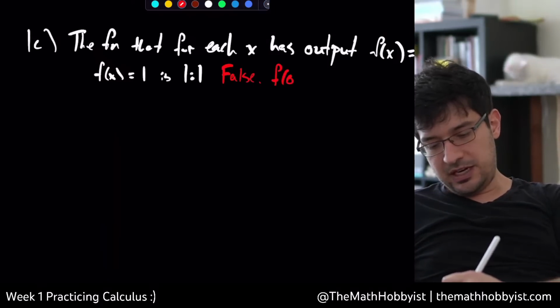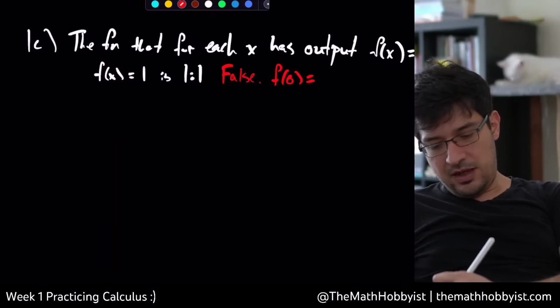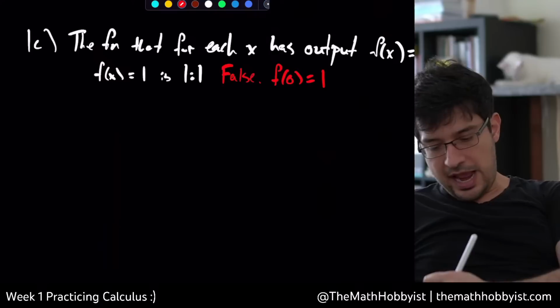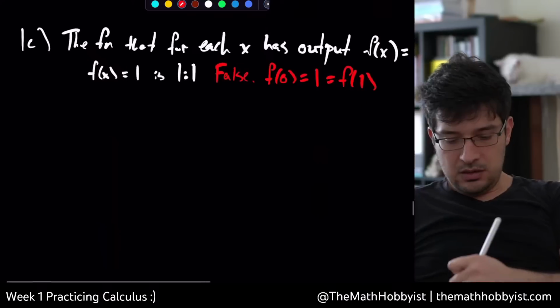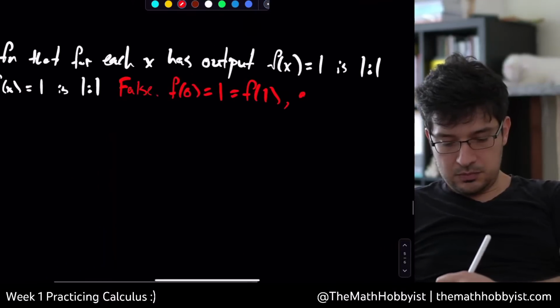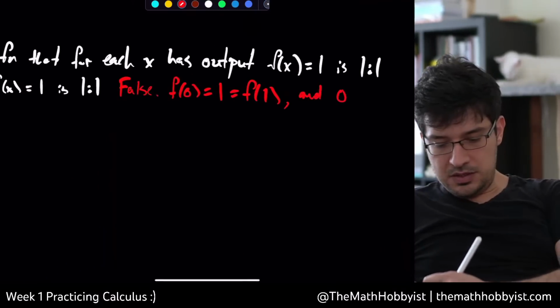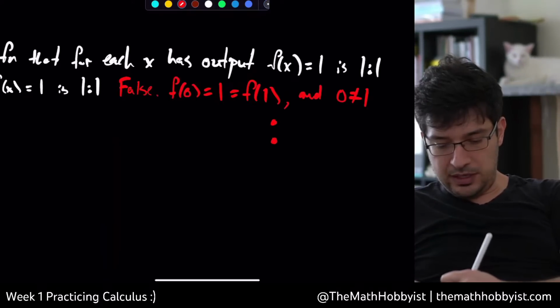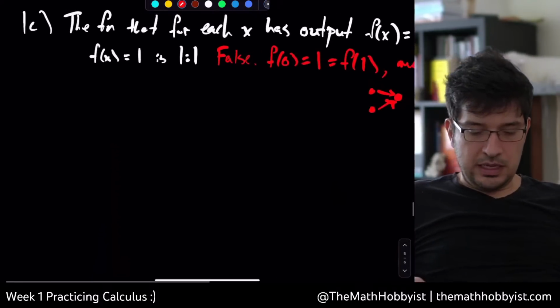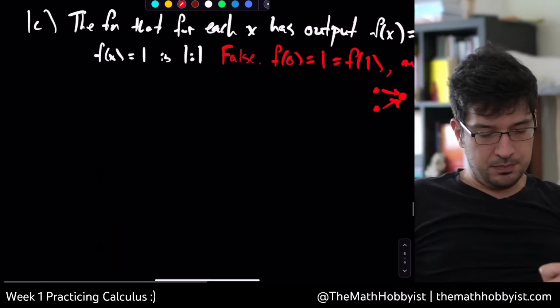Let's make it very clear. f of 0 equals 1 and f of 1 is 1, and 0 does not equal 1. There are two different points that map to the same output. So it is not one-to-one.